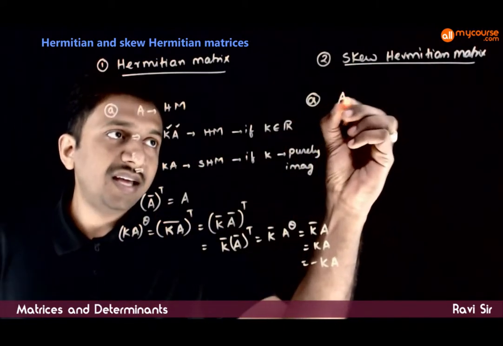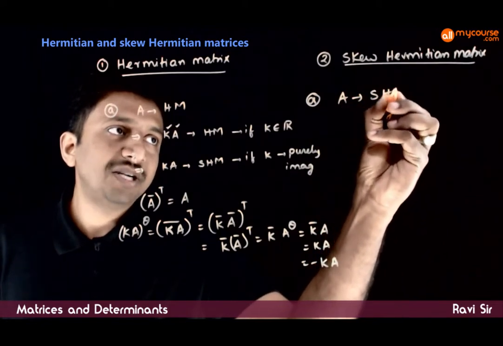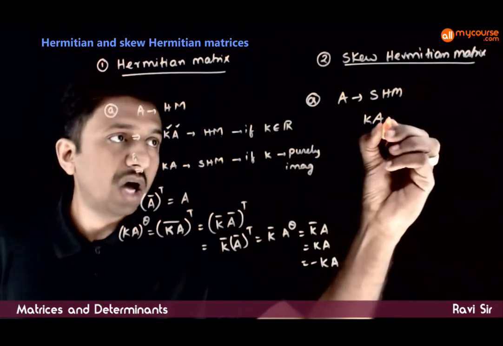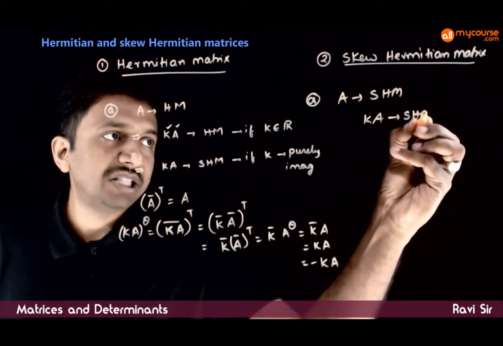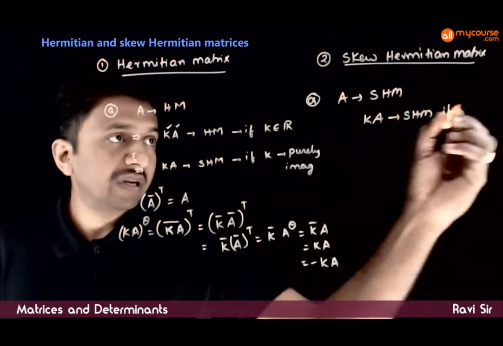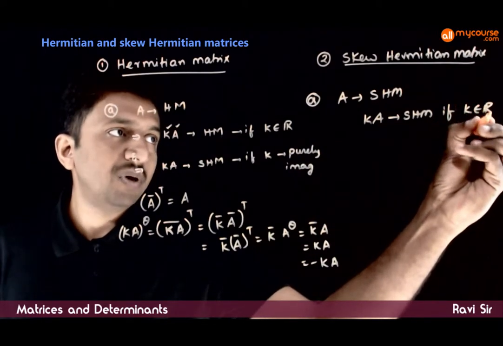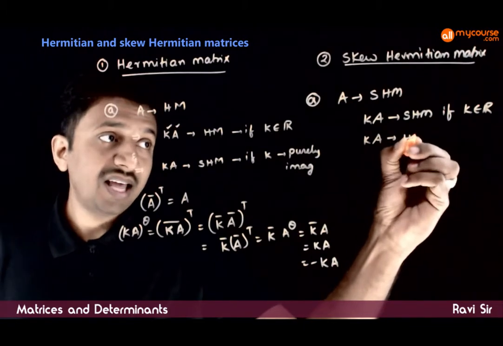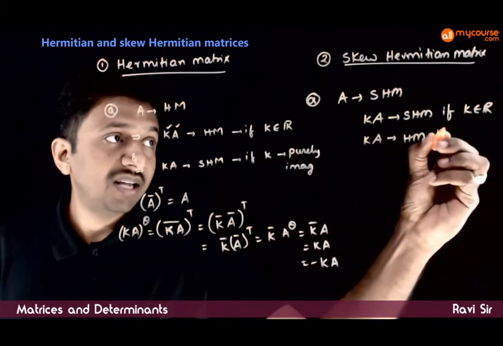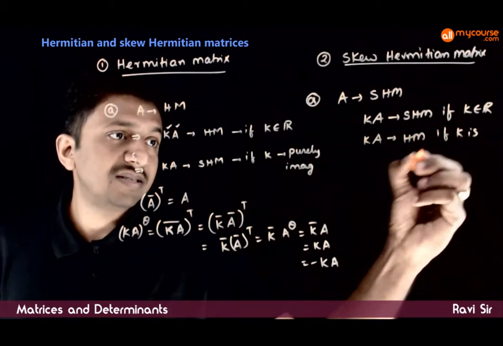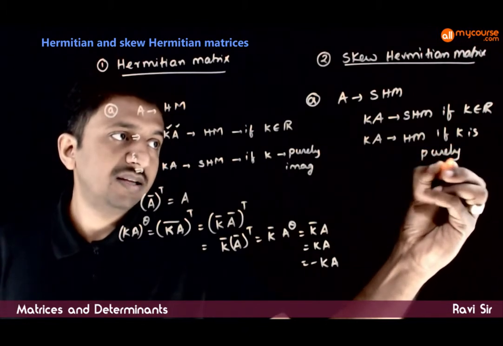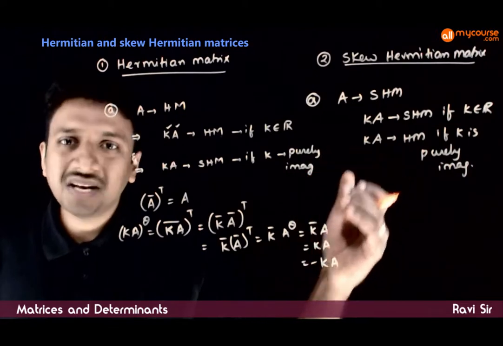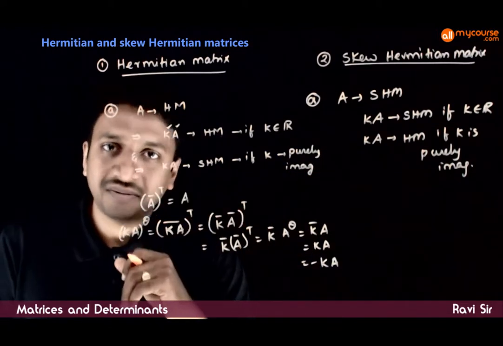So if A is a skew Hermitian matrix, then KA will also be a skew Hermitian matrix if K is a purely real number, and KA becomes a Hermitian matrix if K is purely imaginary. So you can do a similar derivation as you have done here.